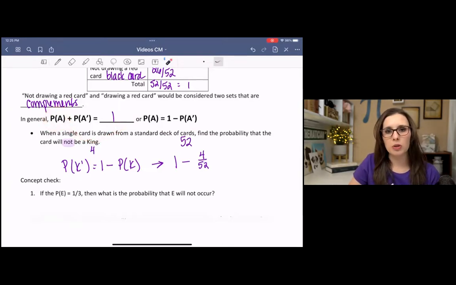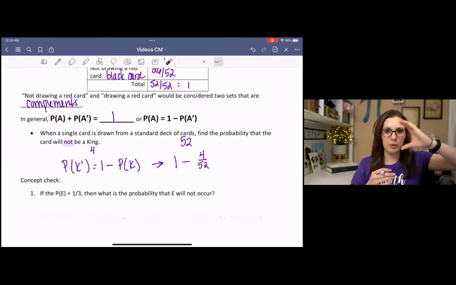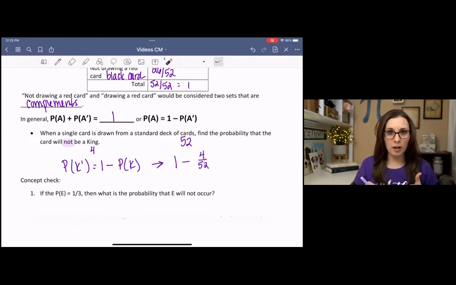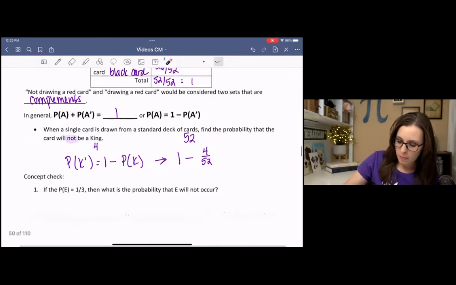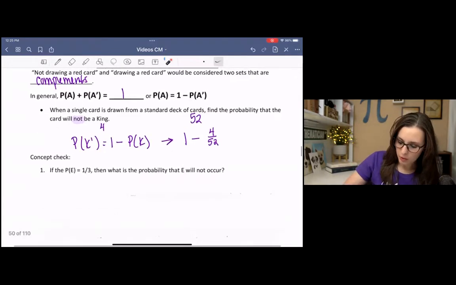Essentially, we're taking the fact that the probability of a king and the probability of not king add up to 1. So we can figure out not king by doing 1 minus. We're finding that missing piece. Then we can subtract these, get a common denominator. You can type this in your calculator if you prefer.